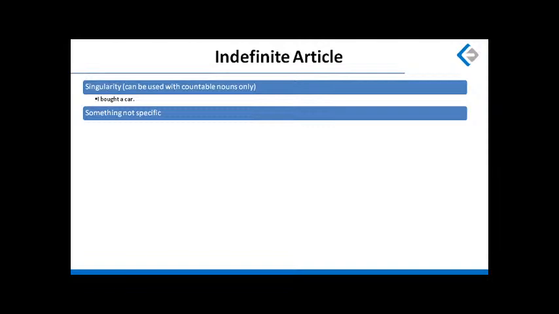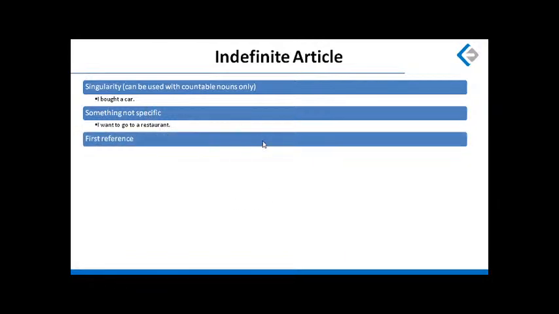So if I say, I have a problem, the problem is too big. That sequence is what I am referring to when I say, introduce a noun with an indefinite article and then give them the definite article, so that the definite article tells you that you are referring to the same thing that you used earlier.